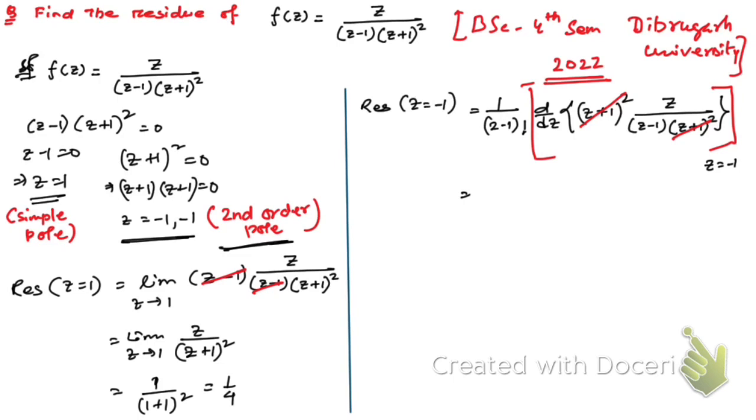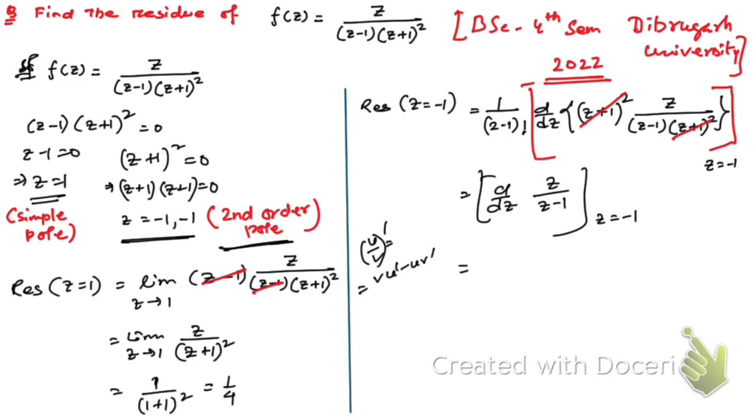So we're going to get d by dz of z by z minus 1, at z is equal to minus 1. If you differentiate it using the u by v rule, the derivative is v derivative of u minus u derivative of v, by v squared.